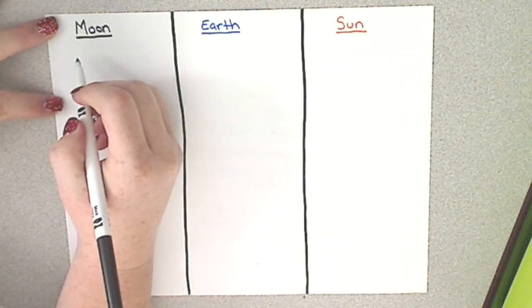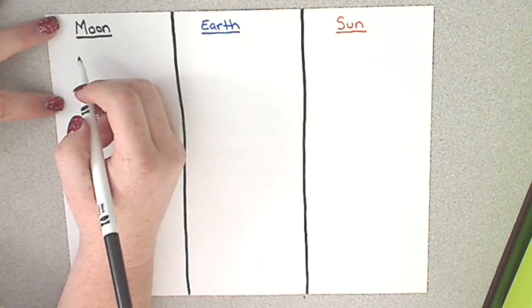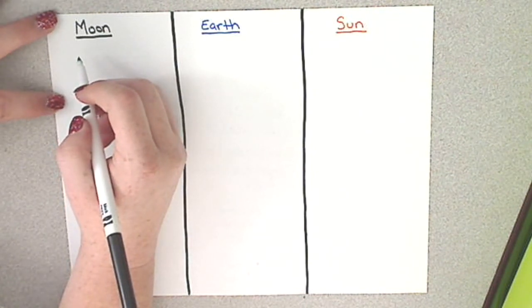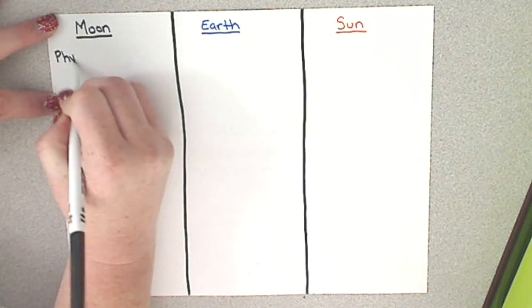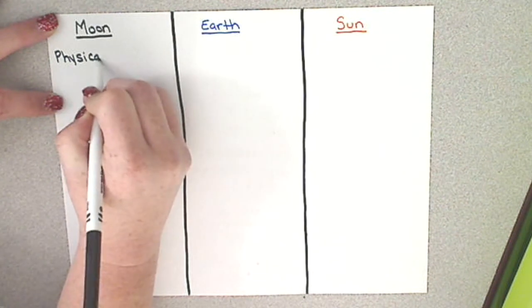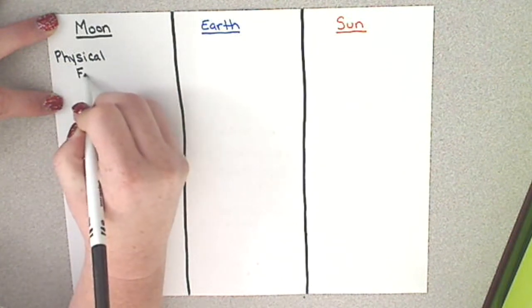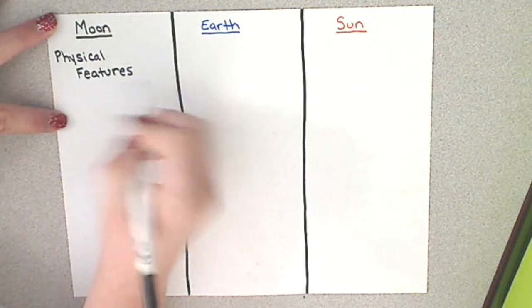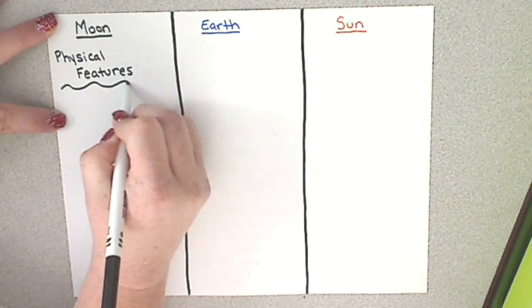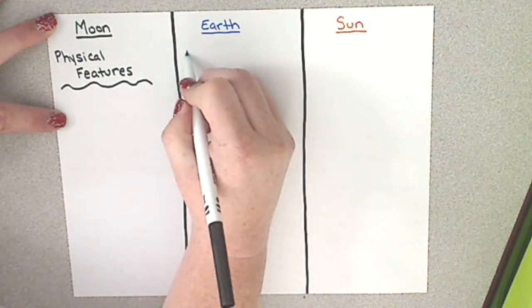If you're not sure what physical features means, I highly recommend you go and dig into that dictionary on our class website and see what it means. I'm going to go ahead and write physical features under each of these.